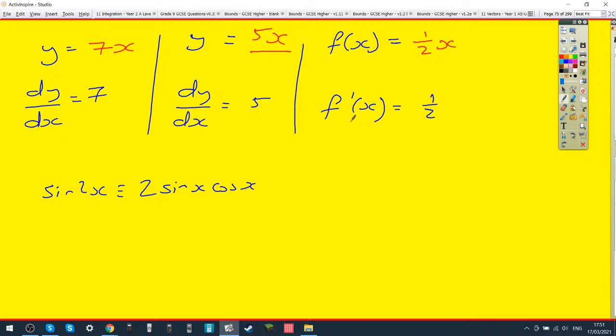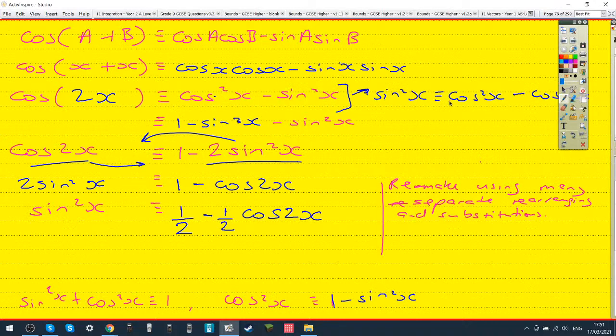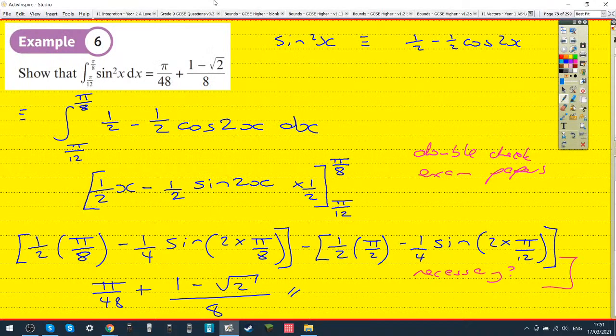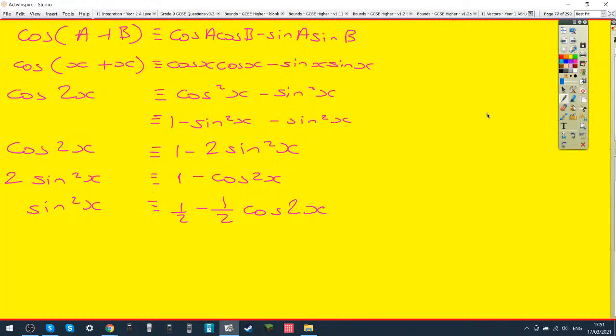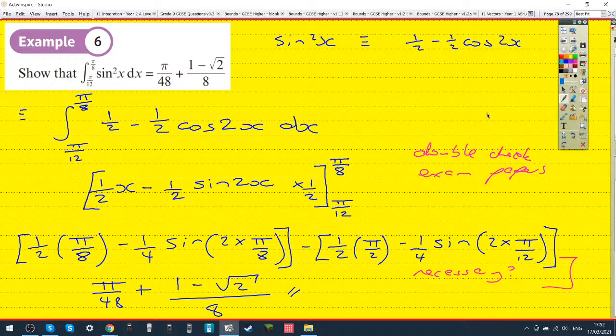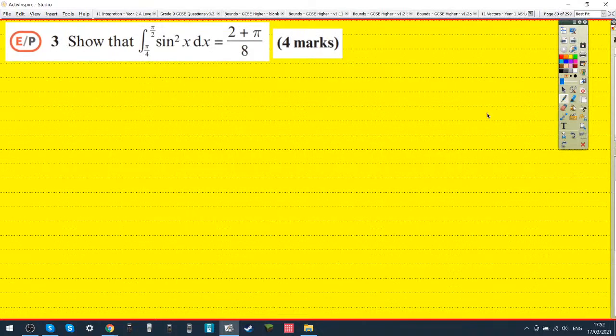Look at that. The integral of a half is a half x. Another way to rewrite sine squared x is a half minus a half cos 2x. How about this?